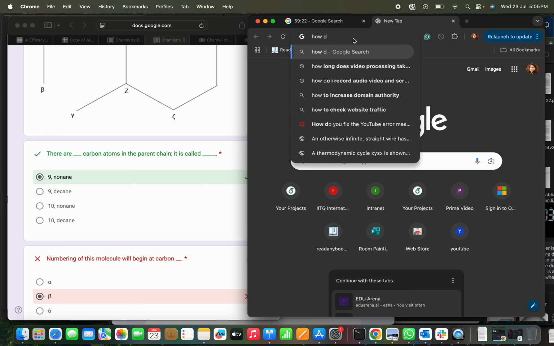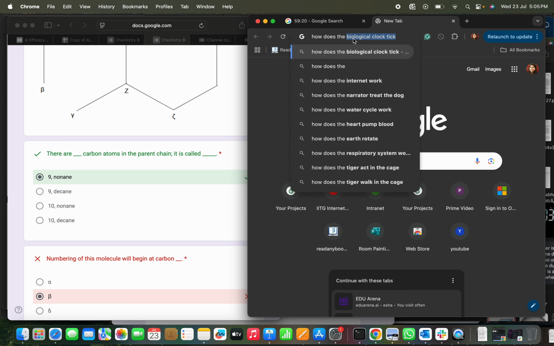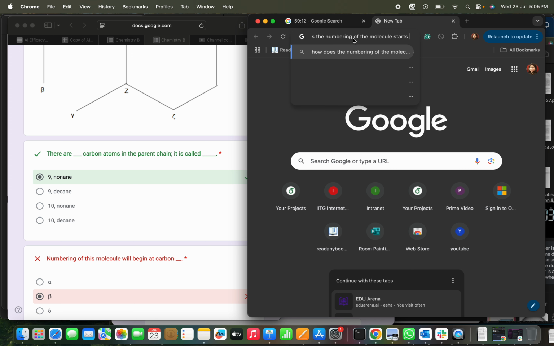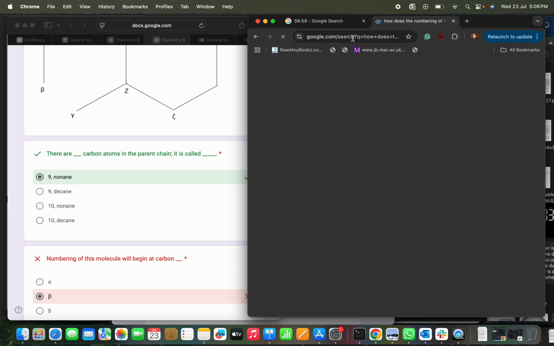So on this, how does numbering of the molecule start in an organic molecule with multiple rings, without AI.